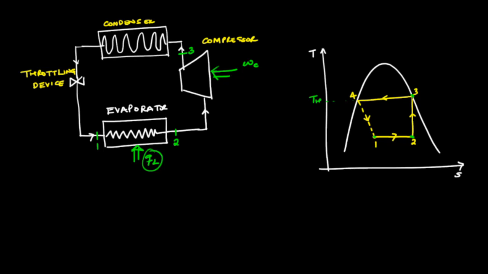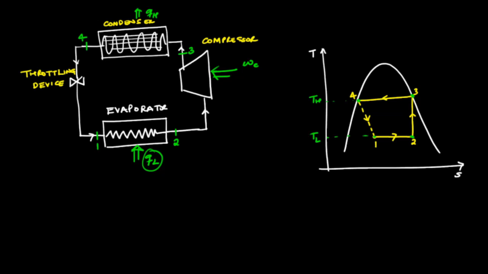Thereafter, this hot working substance, which is at state 3, a saturated vapor, is passed through a condenser section, which is essentially a heat exchanger that rejects heat. If the system is used as a refrigerator, then the condenser rejects heat to the ambient conditions and the evaporator absorbs heat from the refrigerated space at a lower temperature.